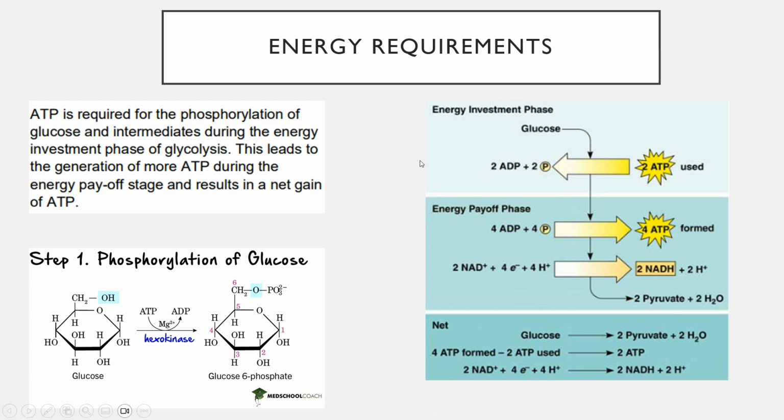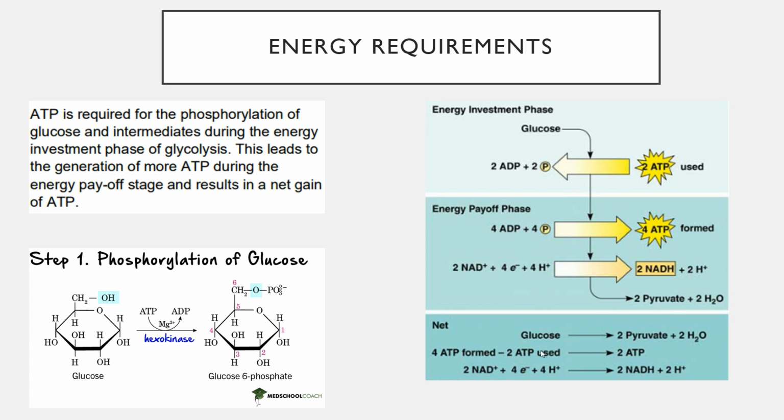We're supplying the ATP, we're using that up, and we're beginning to break the glucose down. This is all worthwhile because towards the end of glycolysis, we would refer to that as the energy payoff phase, where we're now producing the ATP molecule. So 4 ATPs are made in total, which gives you a net gain or a profit of ATP.